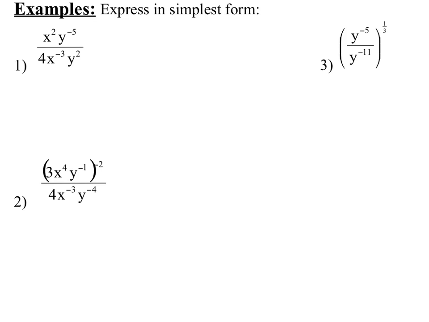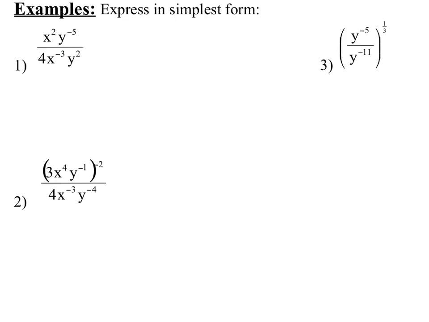So we're going to do a couple and express it in simplest form. So that means you don't want any negative exponents. So the first thing you want to do is move any negative exponents. So y to the negative fifth has a negative exponent, and x to the negative third has a negative exponent.